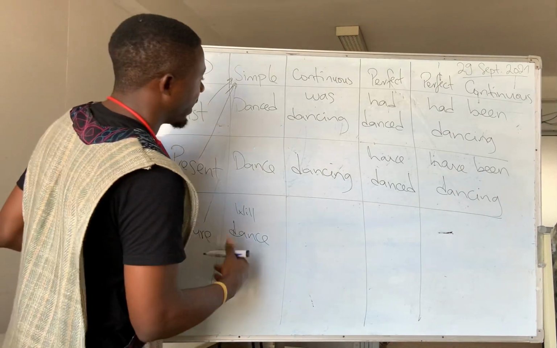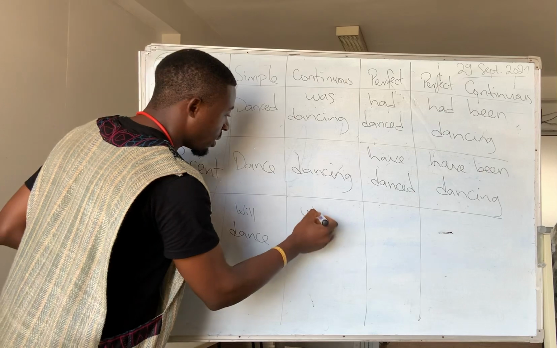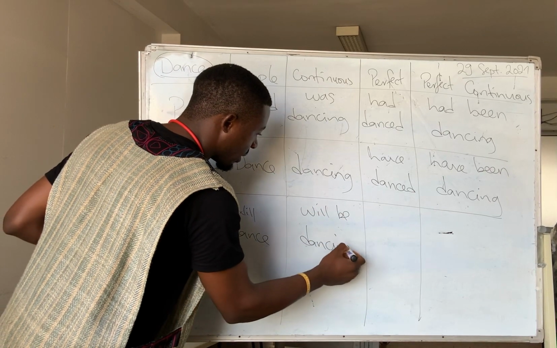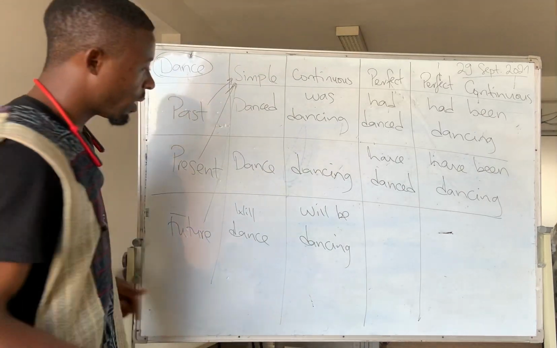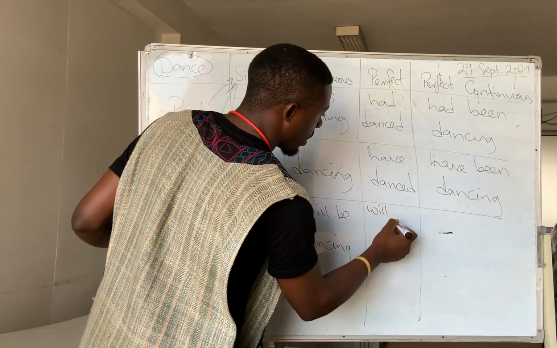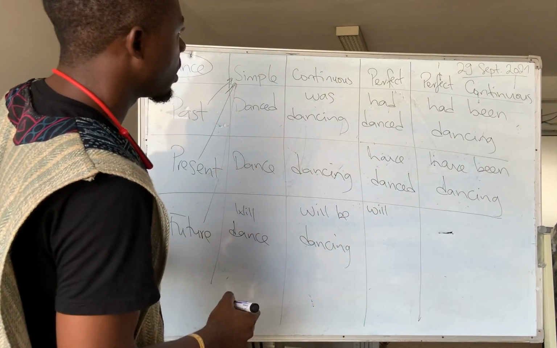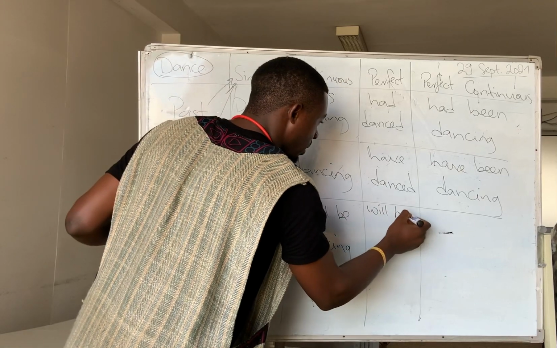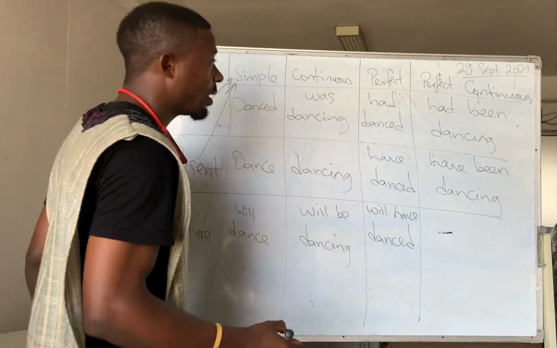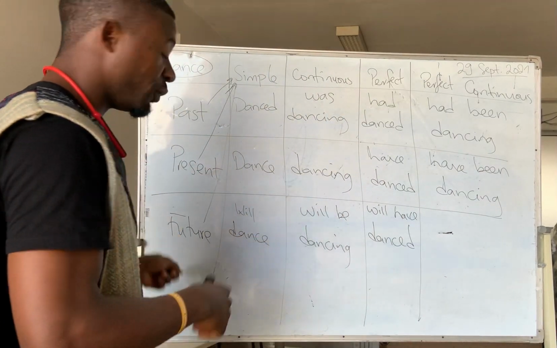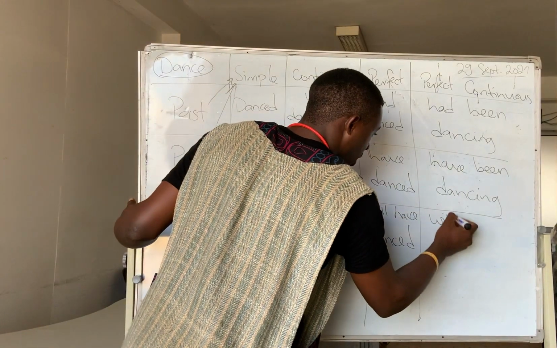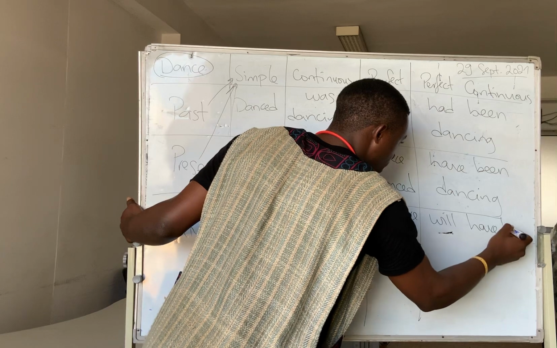So will dance, the continuous, will be dancing. The perfect, will have danced, and lastly the future perfect continuous, it's going to give you will have been dancing.